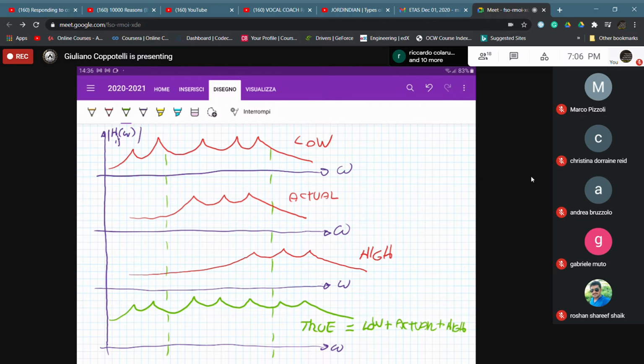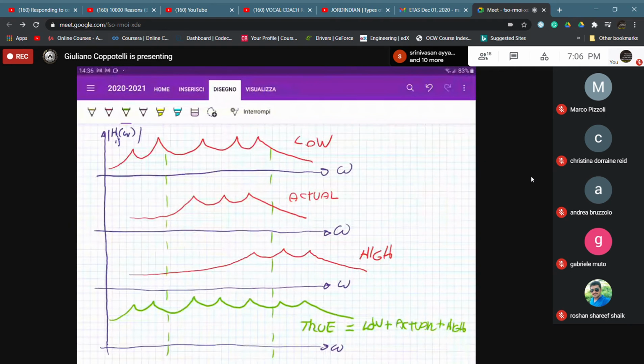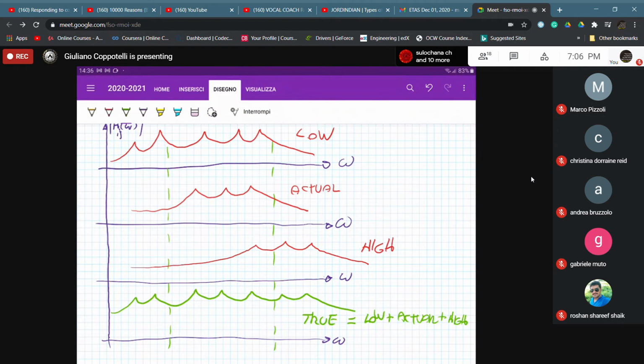That is not true. There are lots of differences, especially in the amplitude. If you put the effects of the low and high contribution, so low frequency and high frequency contribution, that is the residual terms, then you can have the actual FRF.